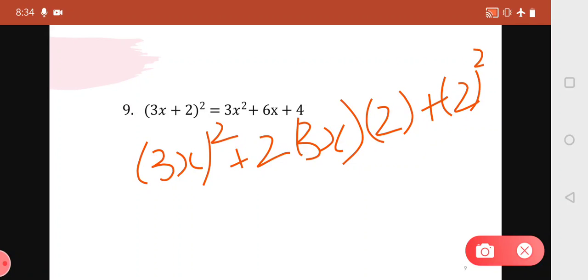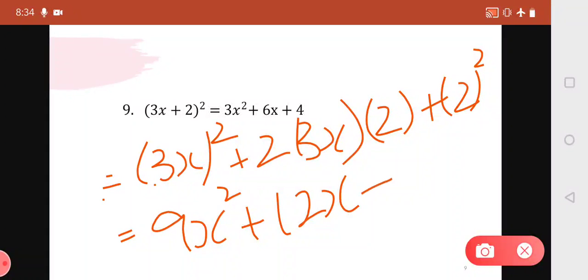Both the factors should be squared, so 3 square is 9 and x square is x square, plus 2 2s are 4 and 4 3s are 12. So we should get 12x plus 4. But here we are getting 3x square, which is wrong, and here also we are getting 6x, which is wrong.